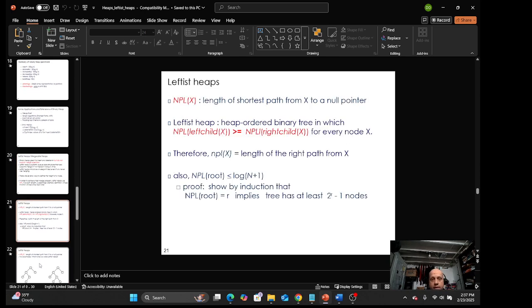The length of the shortest path from X to a null pointer is NPL of X. A leftist heap is a heap-ordered binary tree in which the NPL of the left child of X is greater than or equal to the NPL of the right child of X, for every node X. Therefore, the NPL of the root, the length of the right path, is less than log of n plus 1. The proof leverages induction to show that NPL of root equals r implies a tree has at least 2 to the r minus 1 nodes.